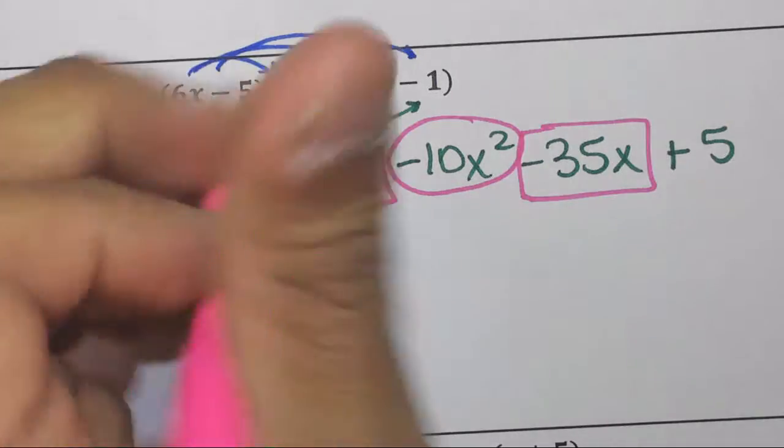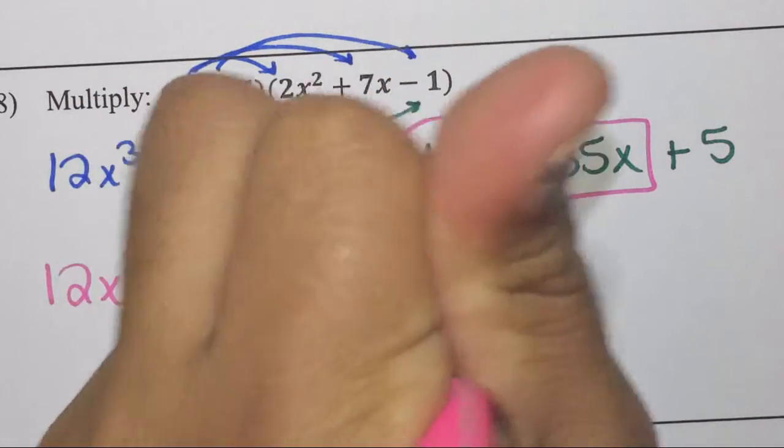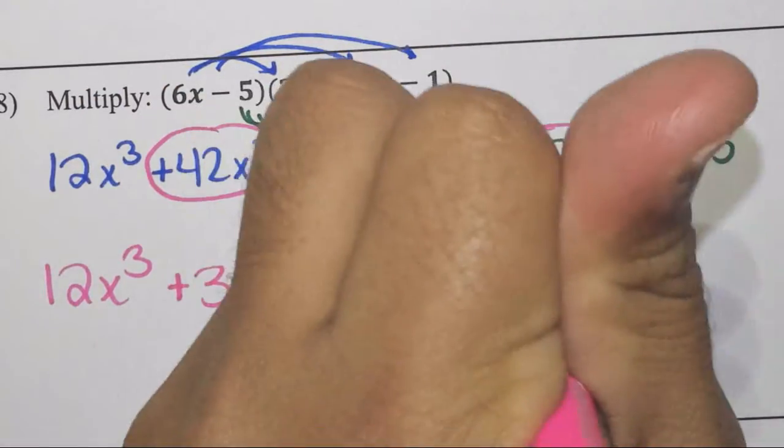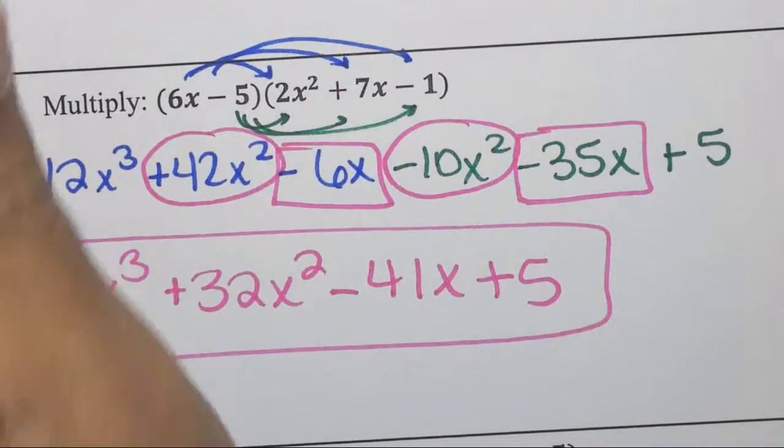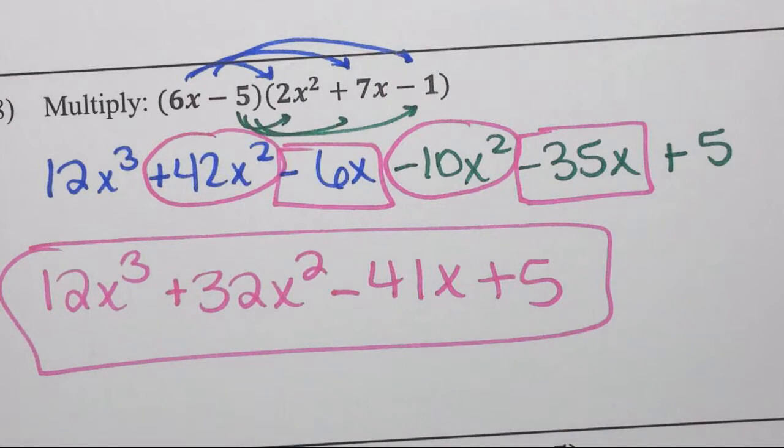This right here is a negative 41x, and then the plus 5. Make sure I didn't make any mistakes. If I do make mistakes, please let me know. It should match up with what we did in class.